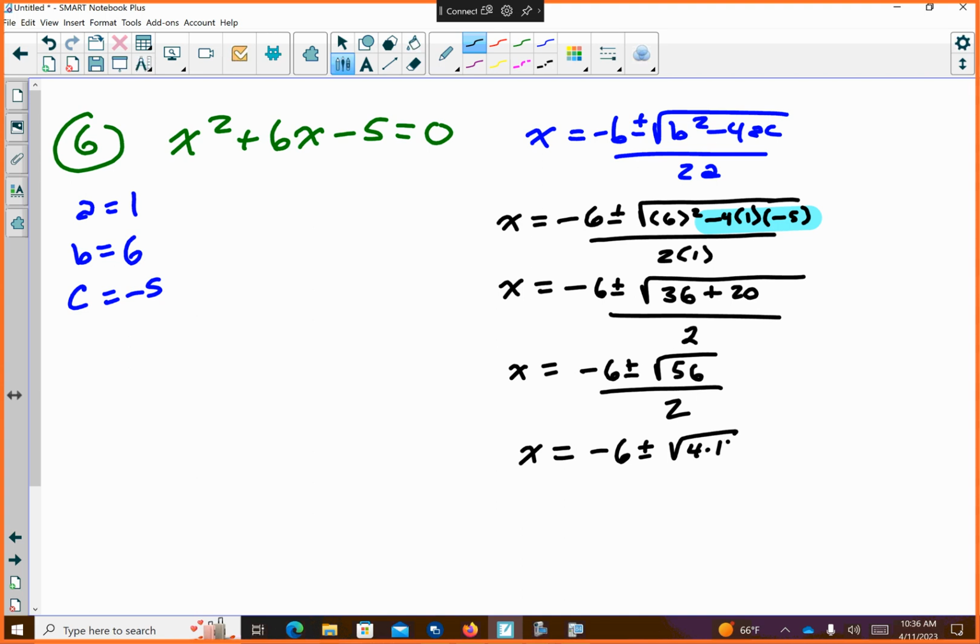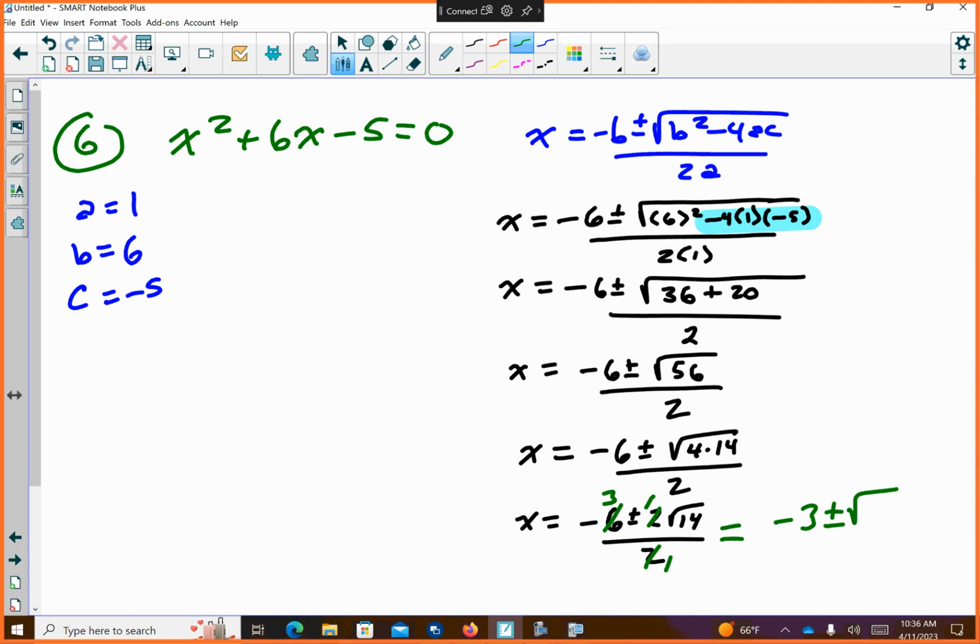I said 4 times 14, right? What's the square root of 4? 2. So I get 2 root 14. All right. 1, 1, and 3. So my answer is negative 3 plus or minus root 14 over 1, or just keep it like that.